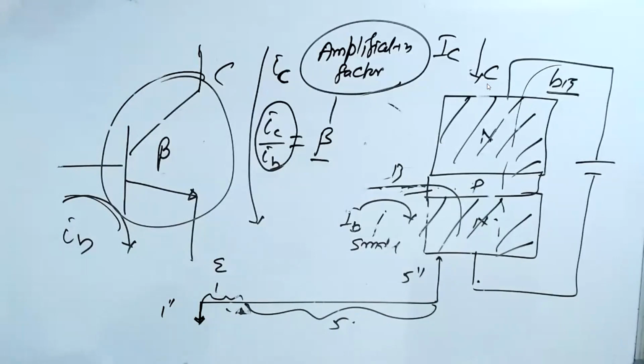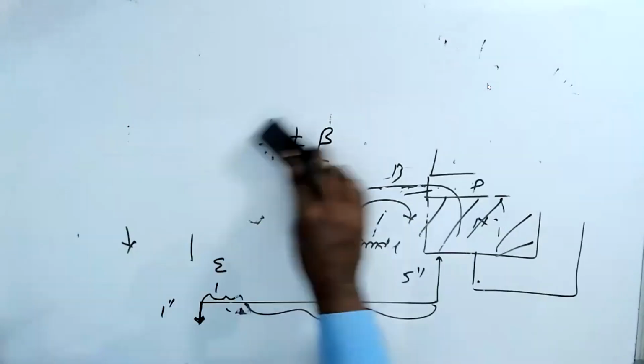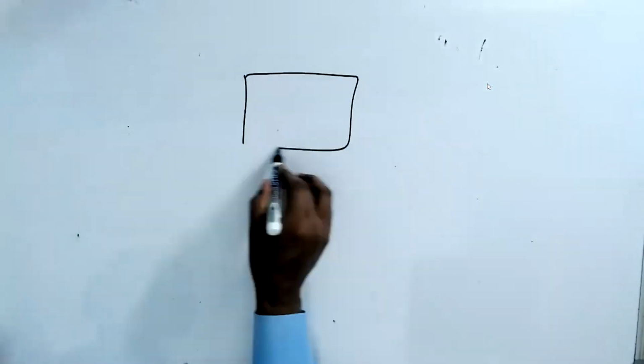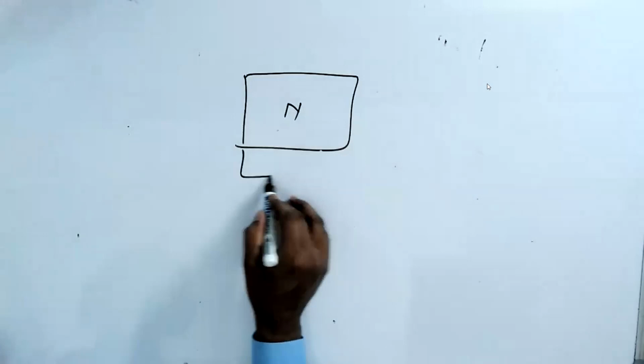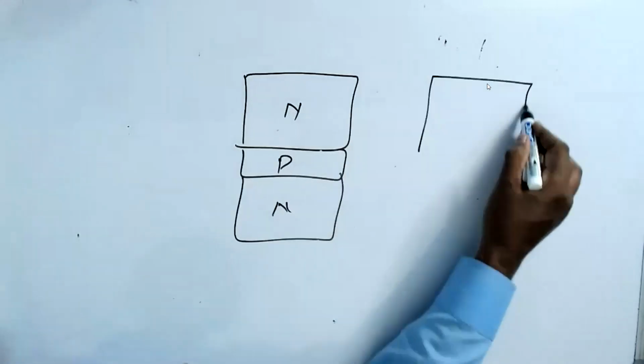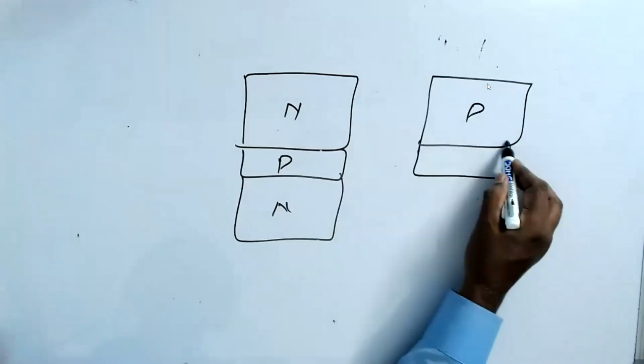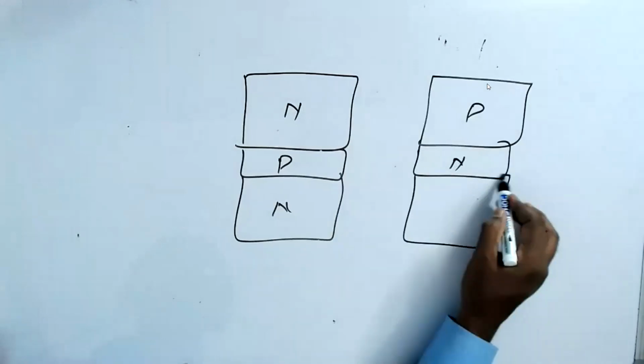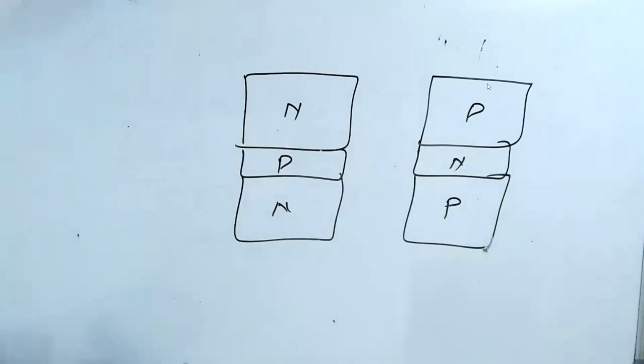So this is the trick. Then people thought, why not we use it this way? That is, I use N material, P material, and N material. Why not I use P material, N material, and P material? People thought, use it, nothing wrong.